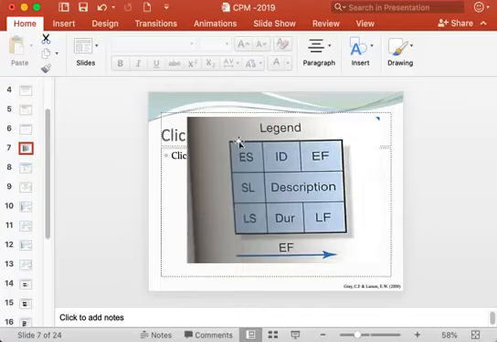Okay, so this is a node. The node that we are using is a rectangular box in which all the necessary details are provided within each cell.